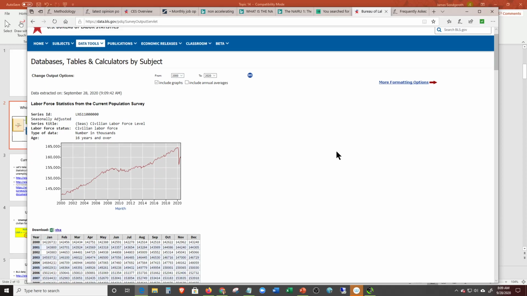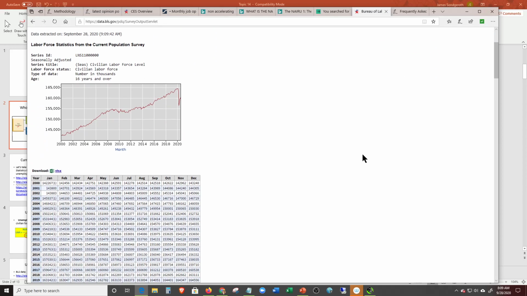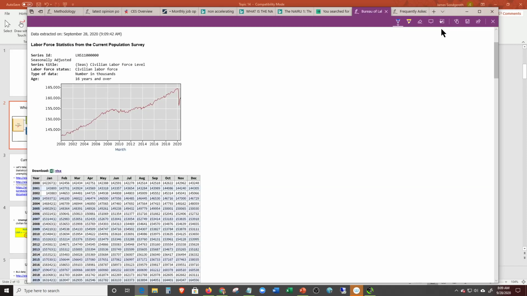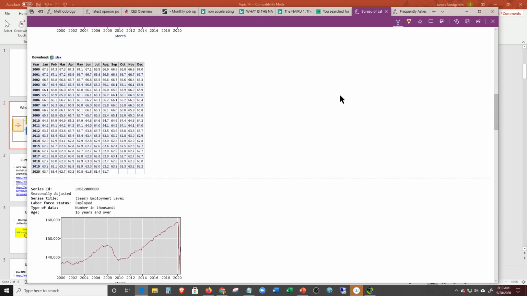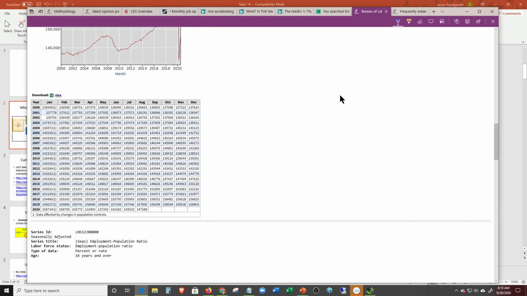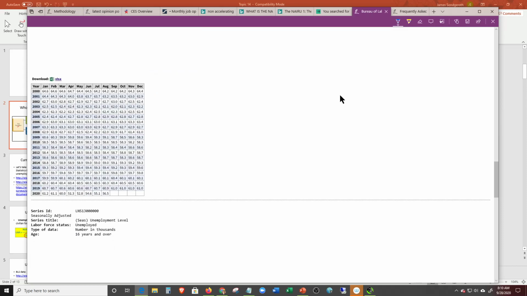All right, so here's the civilian labor force. Notice this is interesting. Why would so many people be counted as leaving the labor force with the start of the coronavirus? I don't have an explanation for that, but that would certainly make the unemployment rate less. In other words, if we went here to the number of unemployed, where is that?